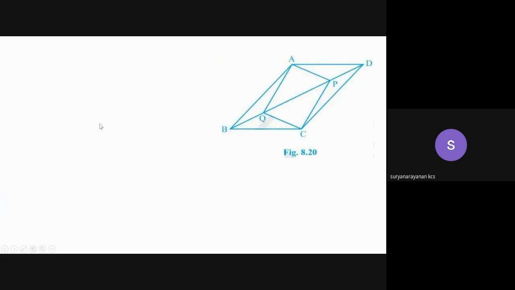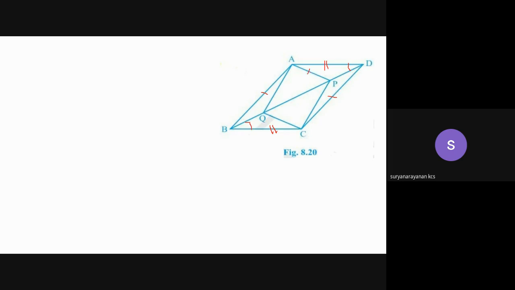Next, again we are taking the same figure. I'm marking the same marks here also, the same angles and sides which are equated.